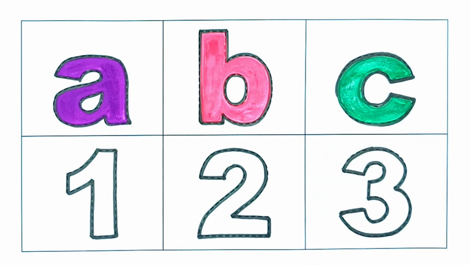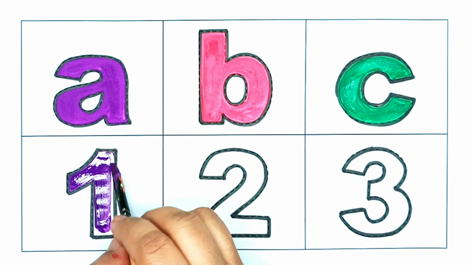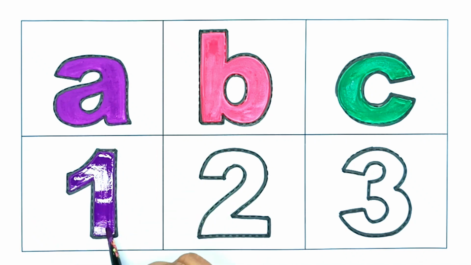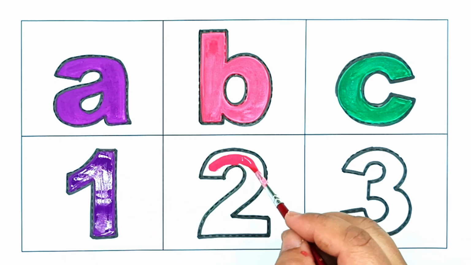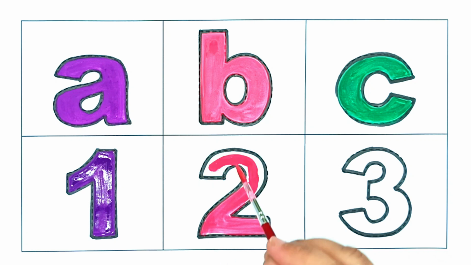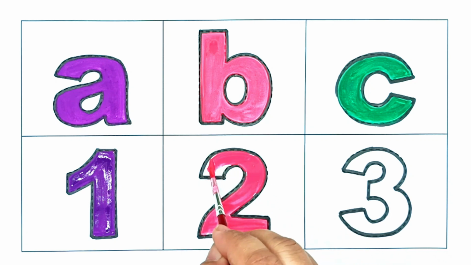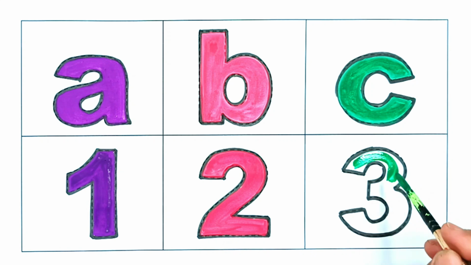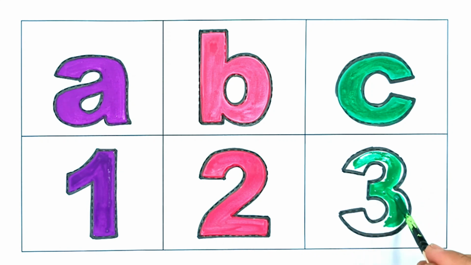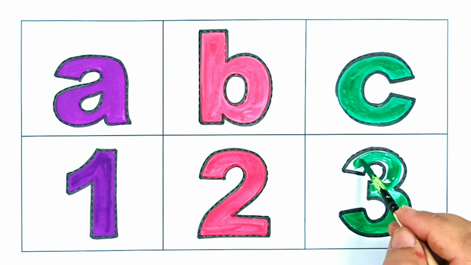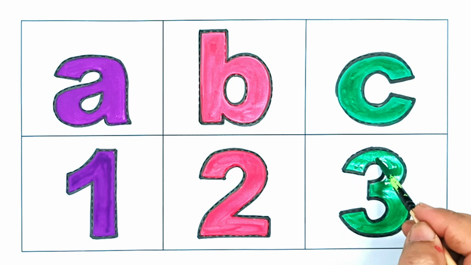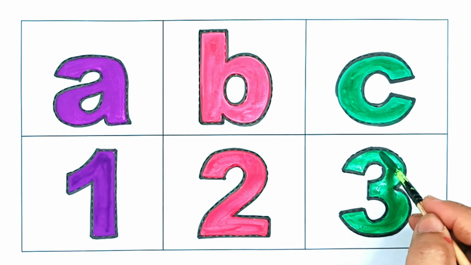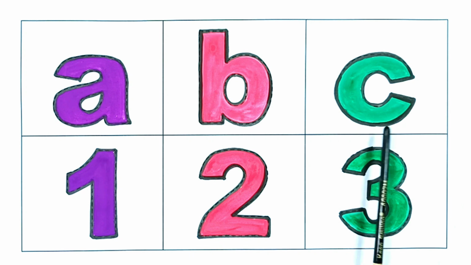C for cat. 1. 1. 2. 2. 3, 3. A, B, C. 1, 2, 3.